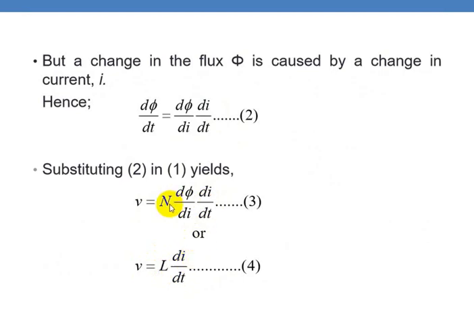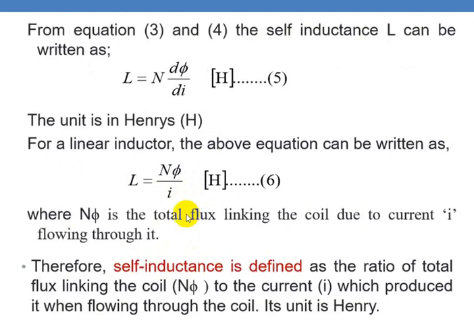Now this N into d phi by di is nothing but L. So L will be equal to N into d phi by di. So that is what is given in equation 5. L is equal to N into d phi by di. Unit of inductance is Henry.